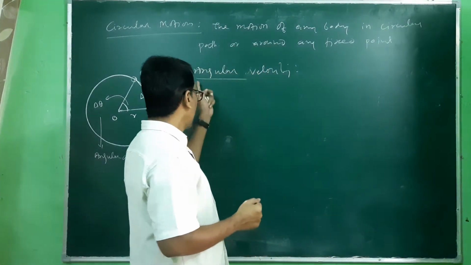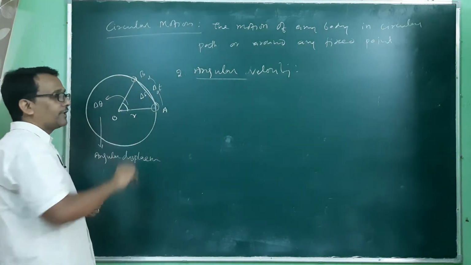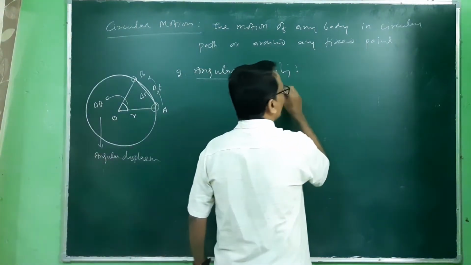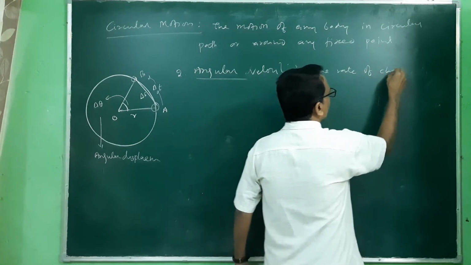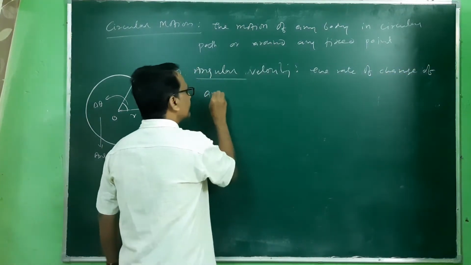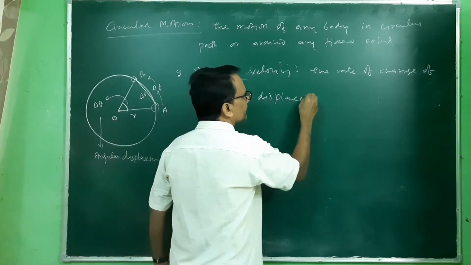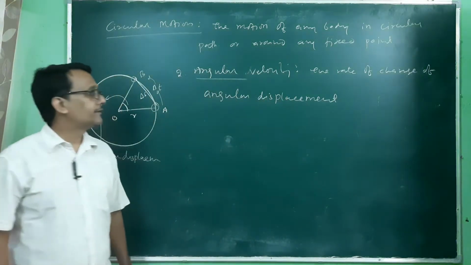So here we have to take angular velocity. In place of regular displacement, we have to take angular displacement. So this is defined as the rate of change of angular displacement, and this is known as angular velocity.